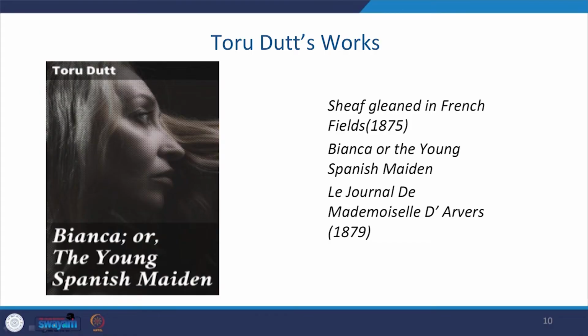Later on, Toru also wrote a novel, Bianca or the Young Spanish Maiden. She also tried her hand at the novel, and it is said that this was written in Spanish, because it was about a Spanish maiden. Bianca is torn between the loves of her elder sister's fiance and Lord, both of whom wanted to marry Bianca, but the novel could not develop further, and it suddenly broke off in the middle.